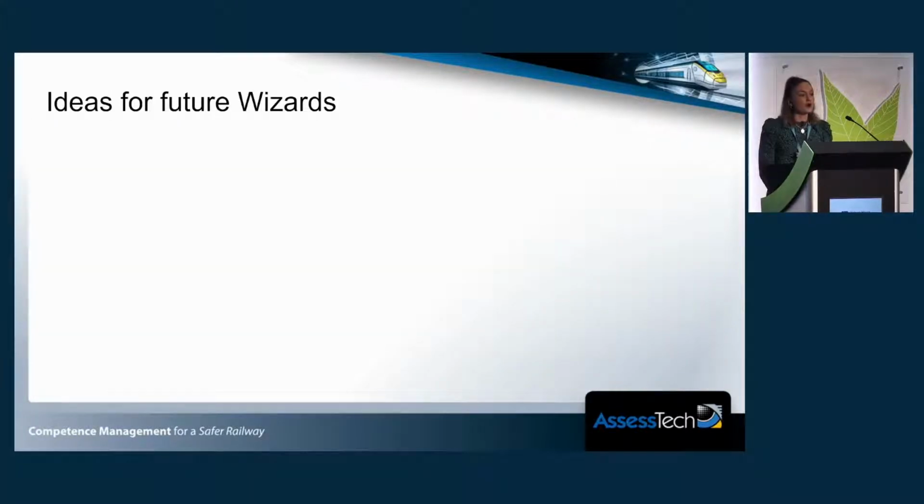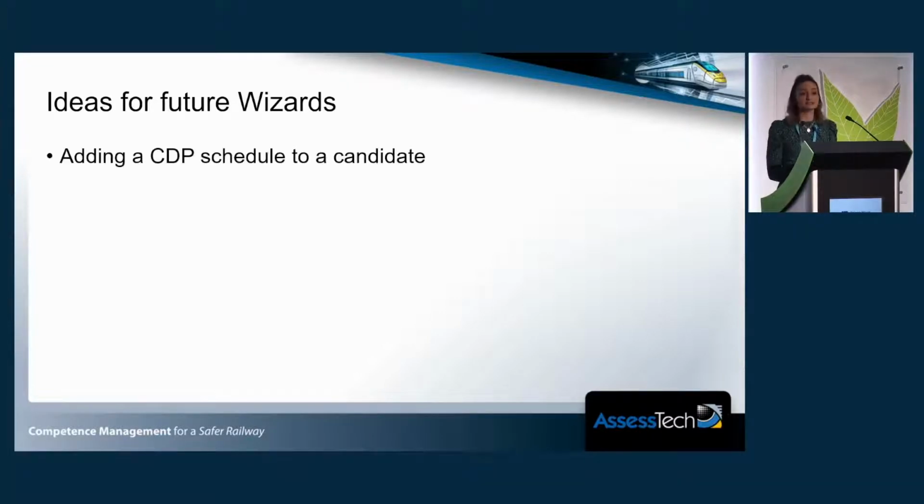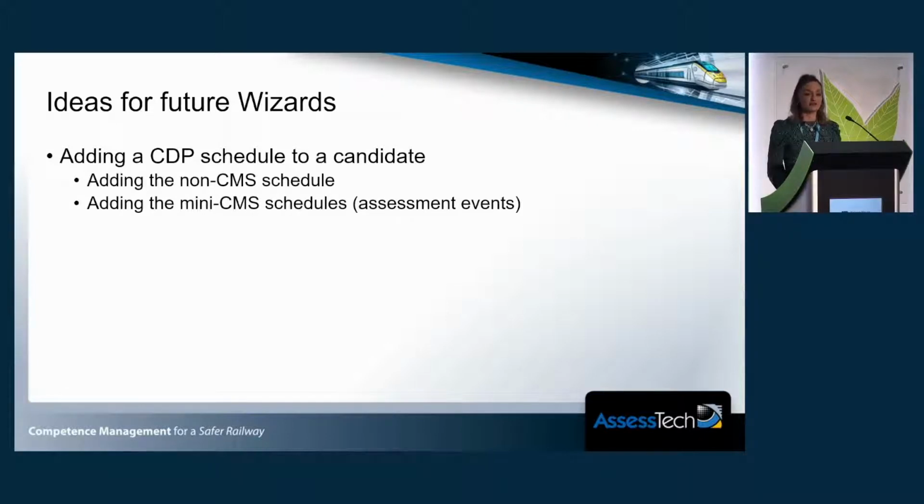So we'd like to extend this UI improvement to other processes within the system, and we've had a few ideas about where we could implement this. The first was a CDP schedule wizard, so you could add a CDP schedule to a candidate. This would take you through adding the non-CMS schedule, as well as scheduling the CMS events, and entering any comments and notes.